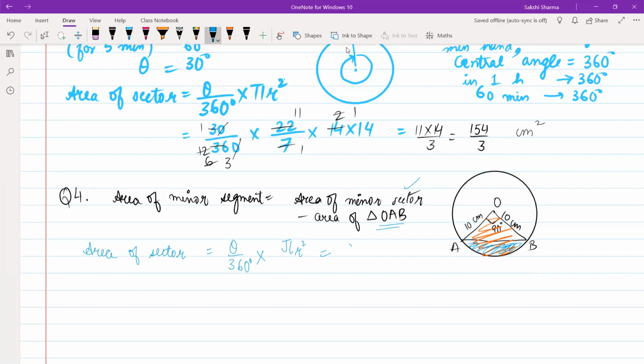Use the values given to you. Theta here is the central angle, which is 90 degrees. And simplify. You can keep the answer in fractions as such. There is no need to convert it into decimals because later on the value will be used in this expression for subtraction.